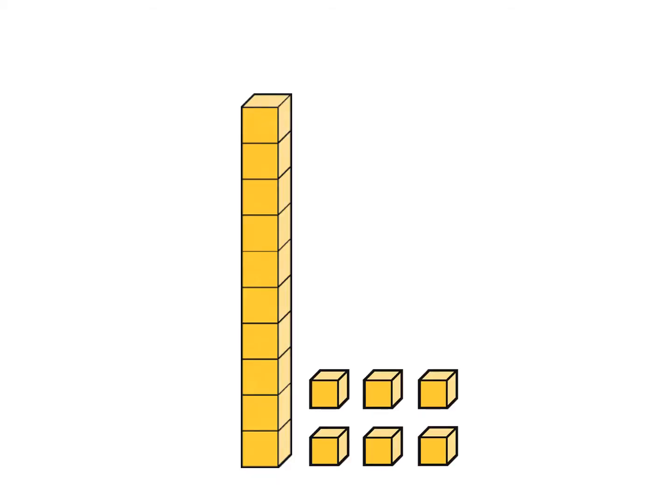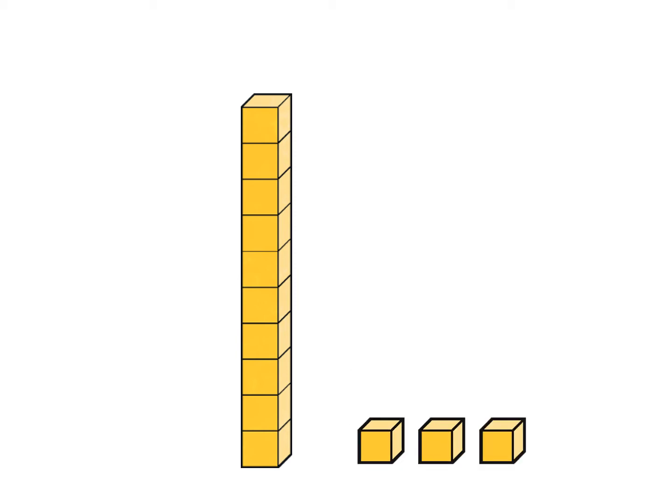Right, recap from yesterday then. I want you to count how many you can see. Remember that a stick is worth 10 and the ones we count separately. So let's count on from 10. How many have we got? 10, 11, 12, 13, 14, 15, 16. Well done. 16.